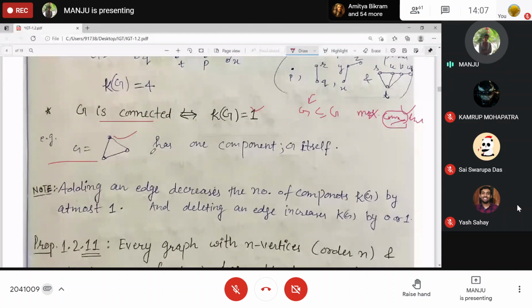As you can see over here, it has one component, so it is connected. Sometimes we will use this result to prove connectedness, that is, whether Z is connected or not.